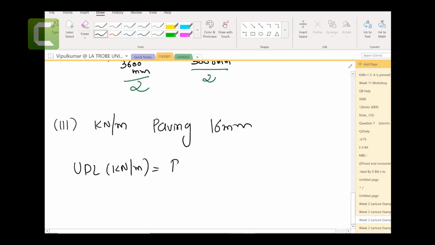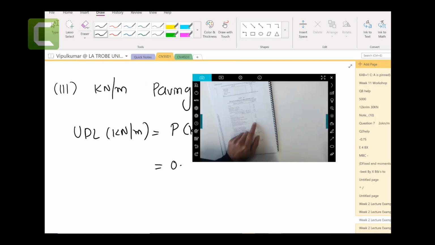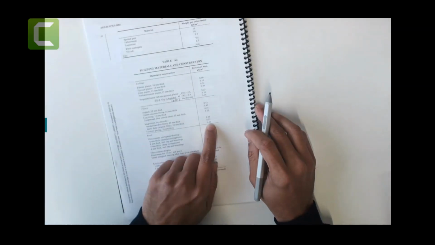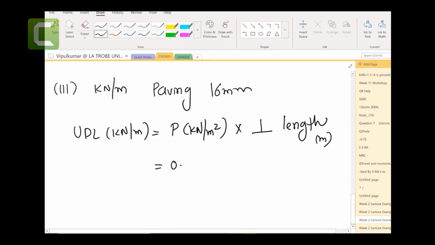Now we have pressure, kilonewton per meter square. Then if you have pressure, we need to multiply perpendicular length in meter. So the pressure is 0.43 for 16 millimeter thickness, 0.43 kilonewton per meter square, and the perpendicular length.